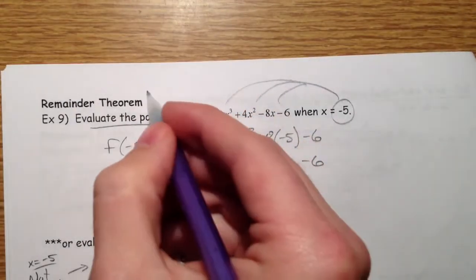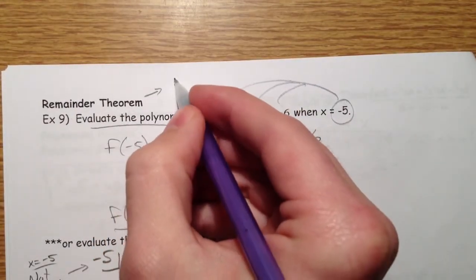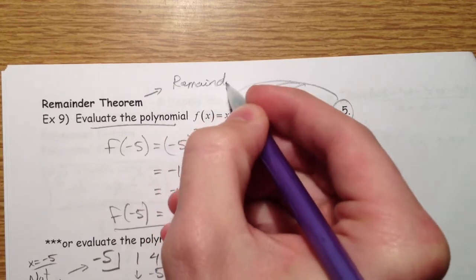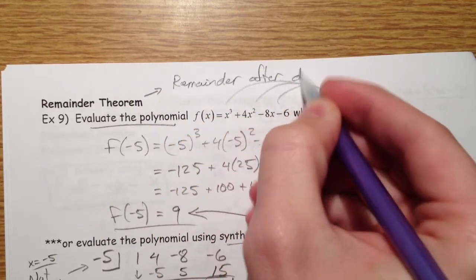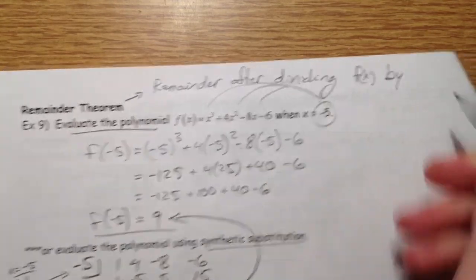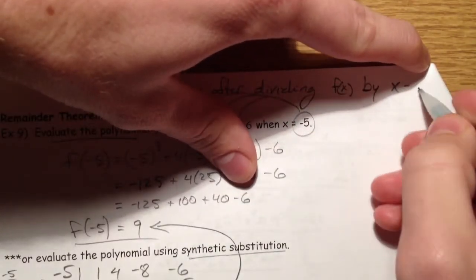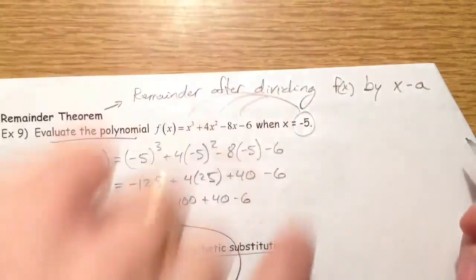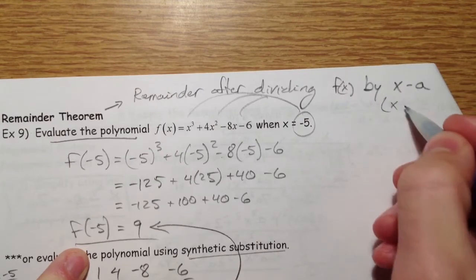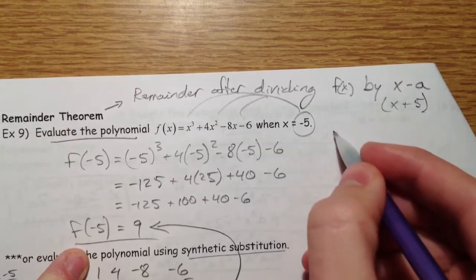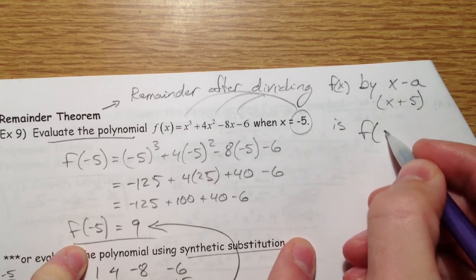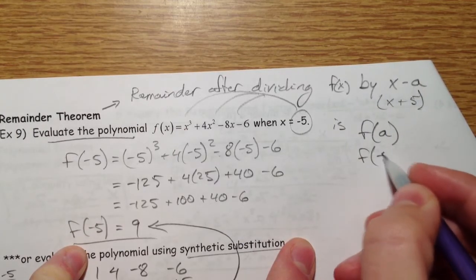So the remainder theorem says the remainder after dividing f of x by x minus some number, a, in this case x minus a negative 5, x plus 5, is f of a, f of negative 5.